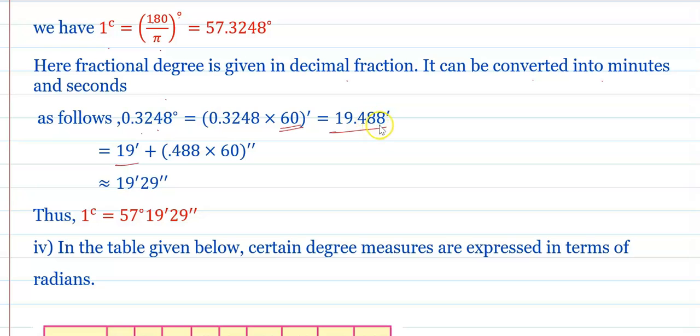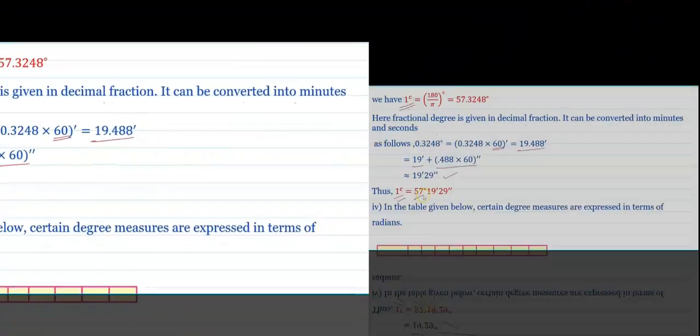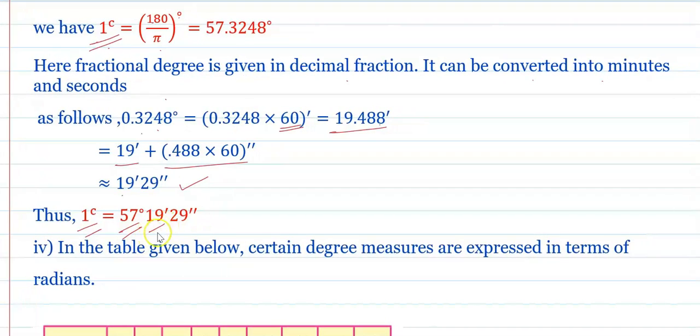To convert the 0.488 into seconds, we have to multiply 0.488 by 60. Then it will be converted into seconds and hence it is 19 minutes and 29 seconds, and hence 1 radian is equal to 57 degrees, 19 minutes and 29 seconds.